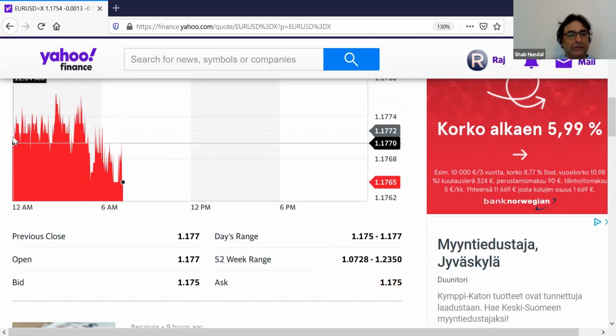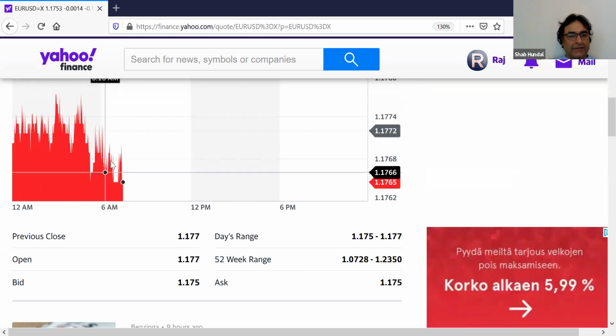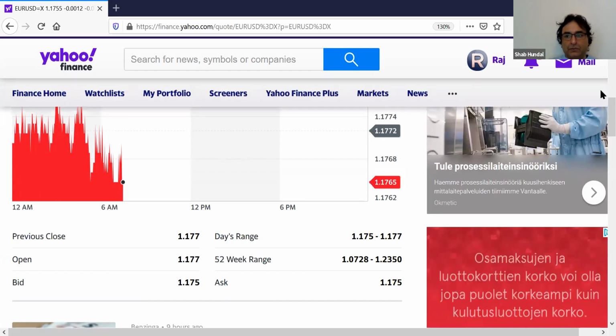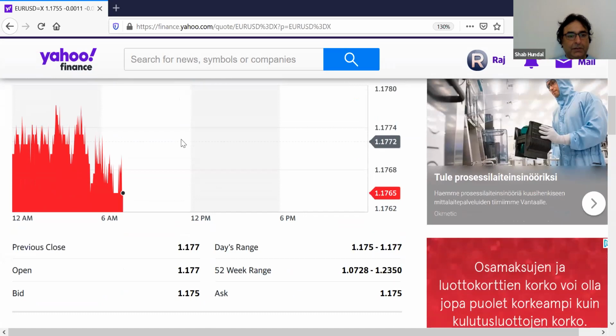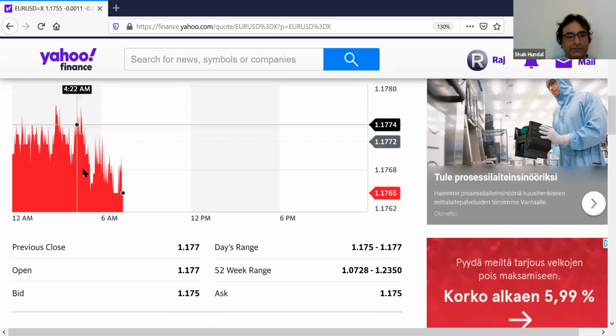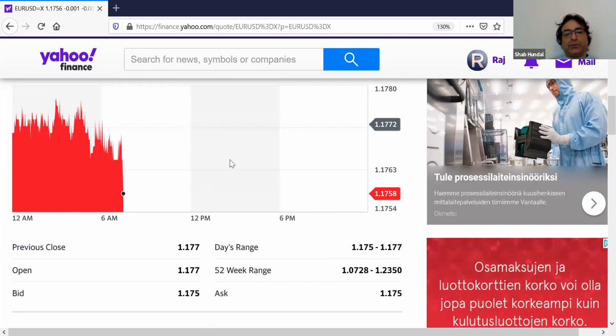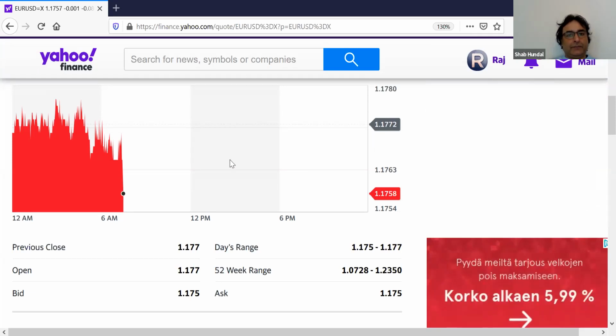Around 12 a.m. until 4 something, it was going up, but lately it has really gone down. So this is how it fluctuates, and this is just one day's fluctuation. Just imagine that you actually have to wait for 3 months.